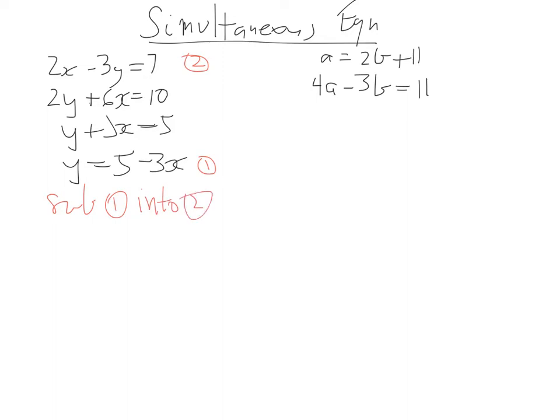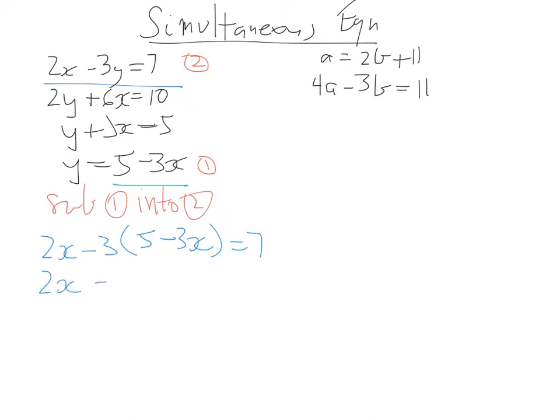So here in this top equation, instead of y, we're going to write this. So we'll say 2x minus 3, and instead of y, we're going to say 5 minus 3x, and all of that equals 7.